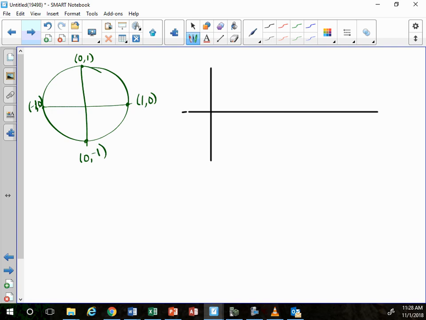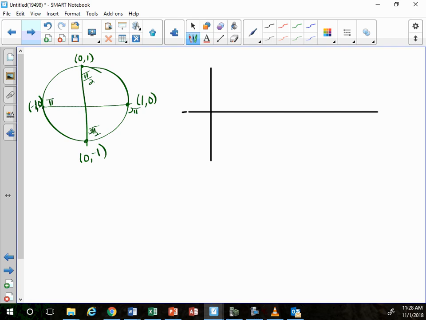Hopefully we know that stuff. Okay, then I'm going to label a couple of radians, well, more than a couple. This is pi over 2, pi, 3 pi over 2, and all the way around would be 2 pi, right? So far, this is nothing new, right?